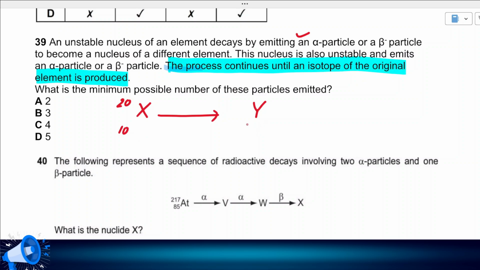become 10. So if only alpha particle is emitted, the atomic number cannot become 10 once again, because if the alpha particle keeps emitting, the atomic number would always have a deficit of 2.